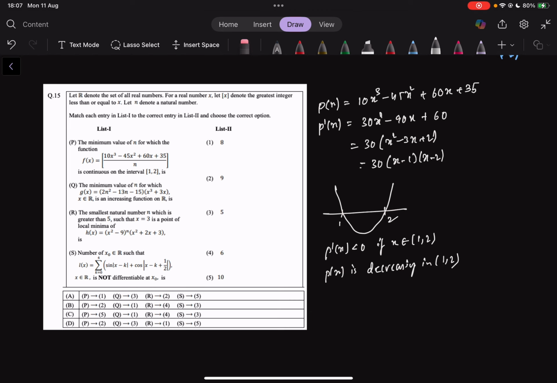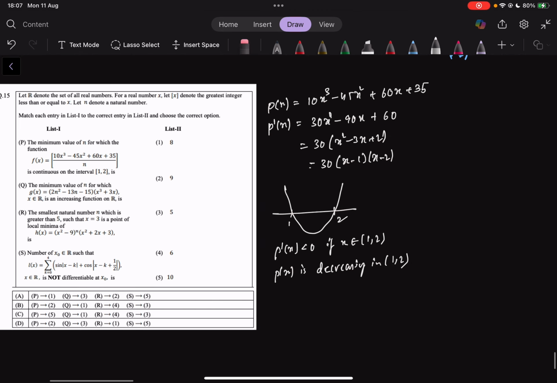Now if we try to plot the function, it will be something like this. Until 1 it is positive, so it is increasing till 1. At 1, if we find the value, 10 minus 45 plus 60 plus 35, which is 105 minus 45, which is 60.